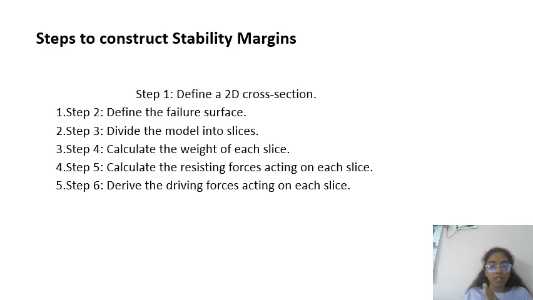Divide the model into slices. And step 4. Calculate the weight of each slice. Step 5. Calculate the resisting forces acting on each slice. And step 6. Derive the driving forces acting on each slice. These are the 6 steps we need to follow while constructing the stability margins or stability analysis.